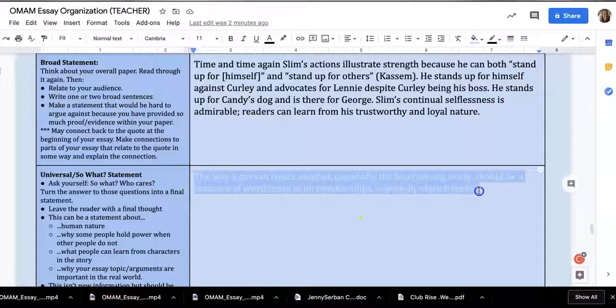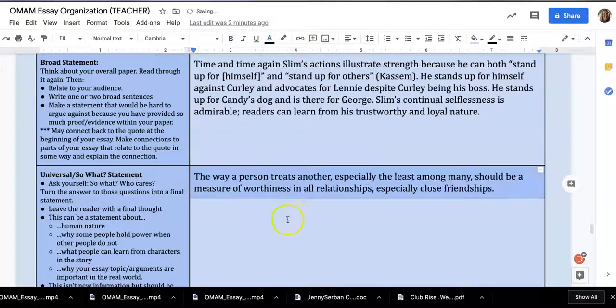So what I wrote is the following. The way a person treats another, especially the least among many, should be a measure of worthiness in all relationships, especially close friendships. To me, this is the last thing that I want lingering in someone's mind, because that is what I learned and why I think it's so important to not just read literature, but to learn from other people's relationships.